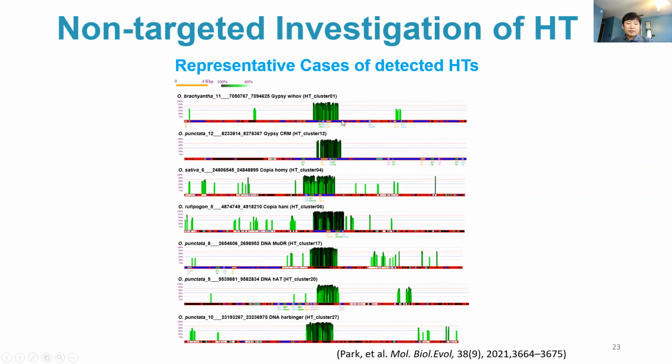The densely mapped region in the middle of the bars indicates the horizontally transferred DNA. The blue boxes in the red bars indicate the LTR retrotransposons, and the black bars are the DNA transposons. Although it was a non-targeted horizontal transfer investigation, only transposable elements were identified as the horizontally transferred DNA in this study.